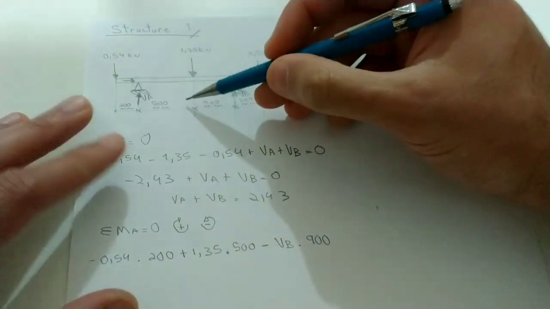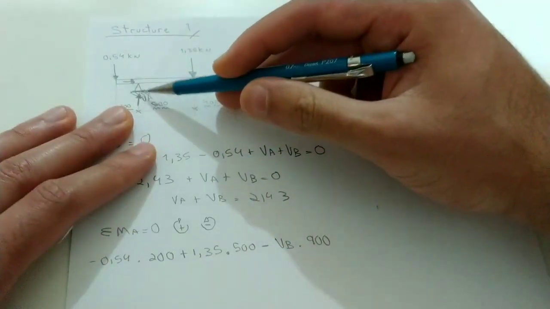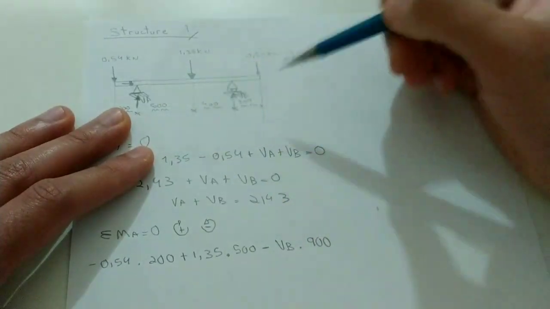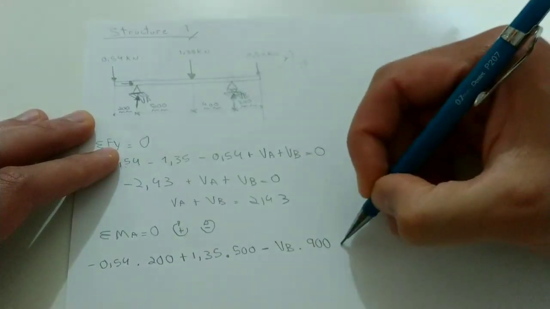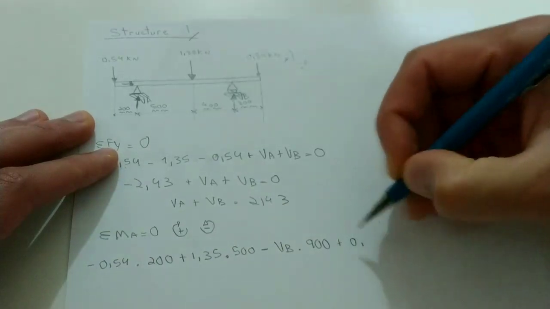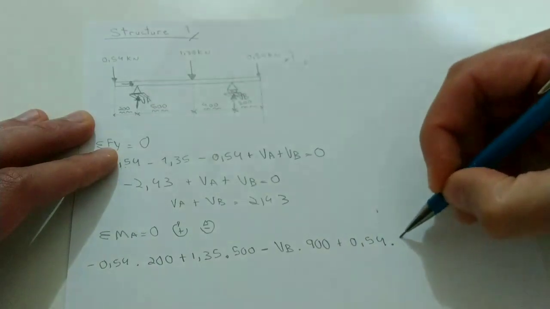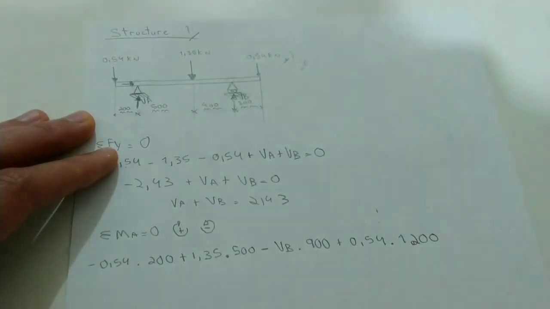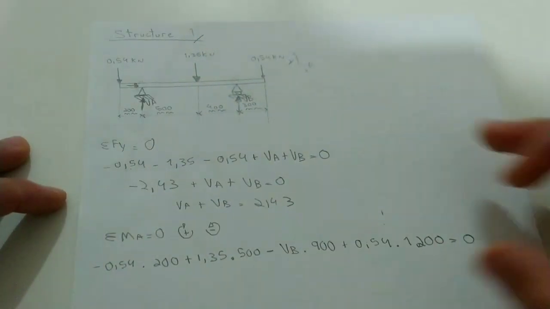We have to make a summatory of the distance of this support to the force, right? And now this force will be rotating clock side, equals to 0. Now let's make the summatory.